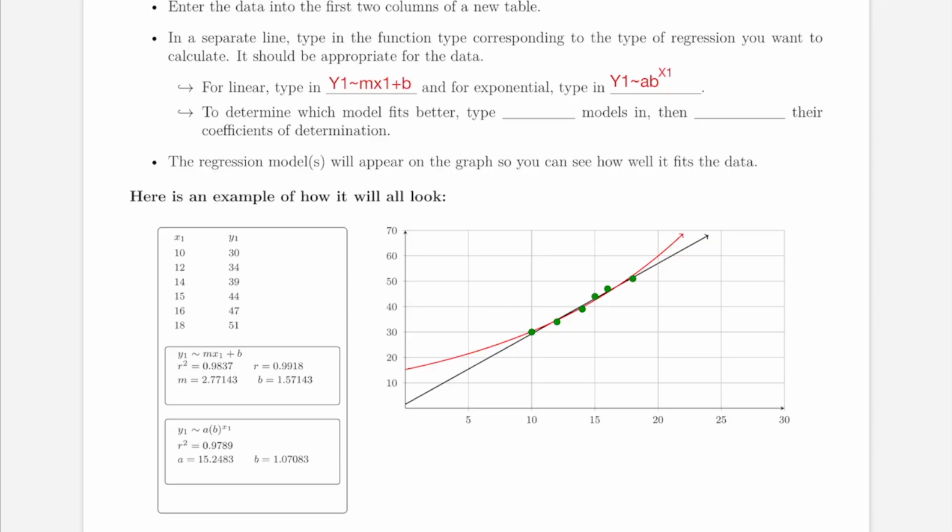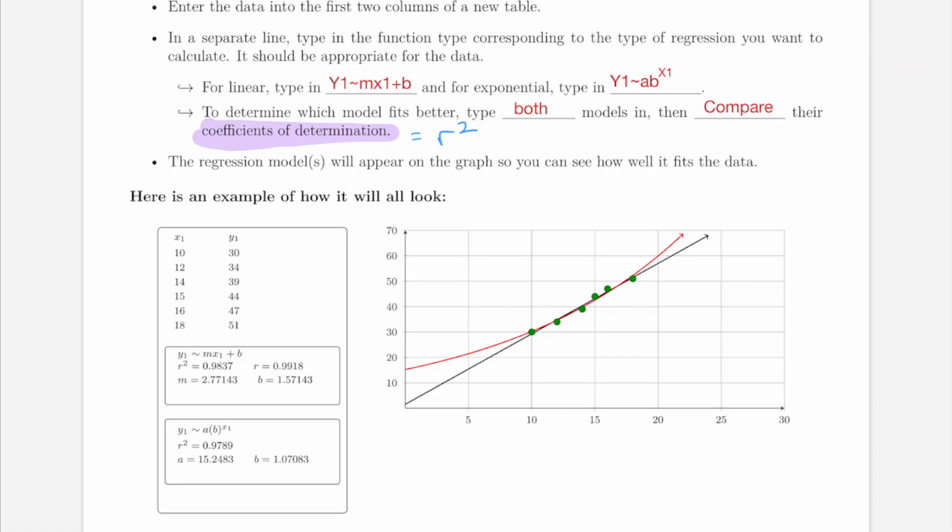To determine which model fits better, we're going to type both in, and then we're going to compare the coefficients of determination. Remember, the coefficient of determination is r squared. We just look to see which one has a higher r squared value. Now, I do want to let you know that in real life, just comparing the r squareds is not the way to go.